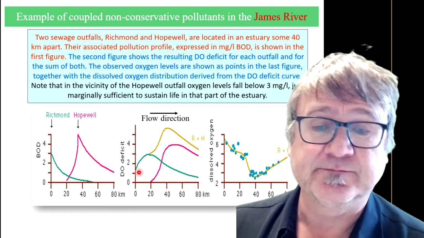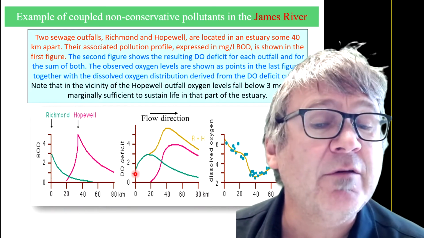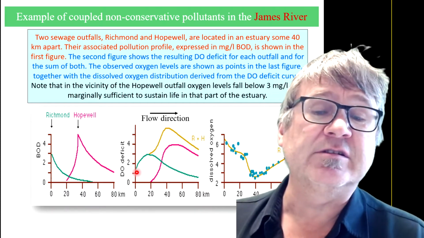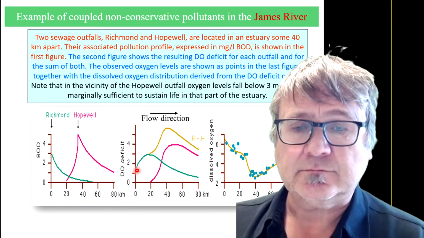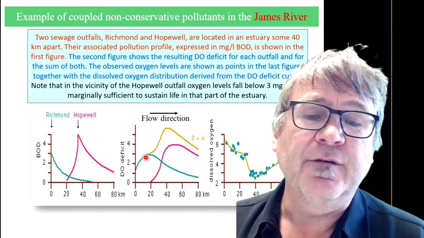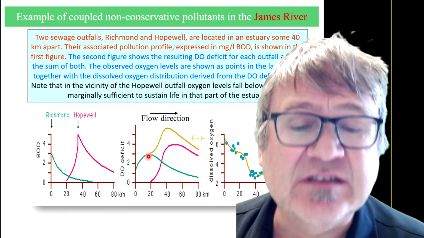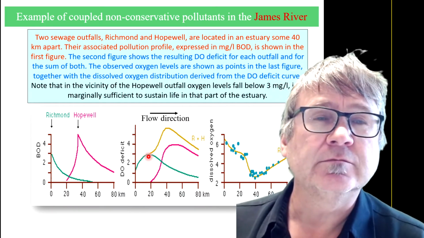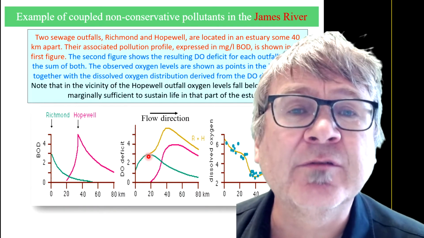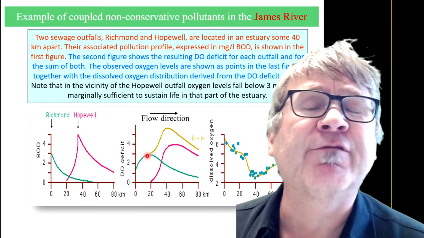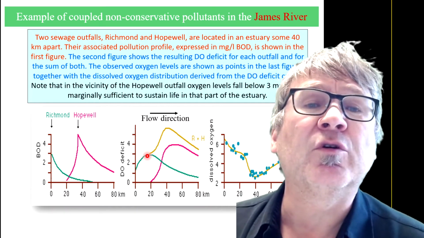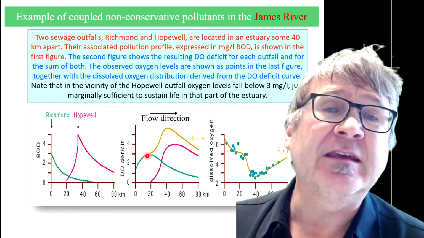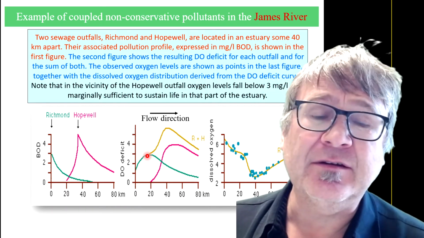For example, the green curve predicts that you get a peak dissolved oxygen deficit at about 15 kilometers downstream from the Richmond outfall. And this takes into account the delay that it takes for bacteria to convert the organic material.